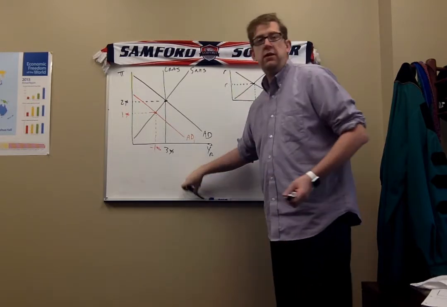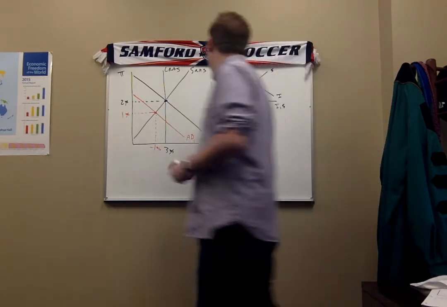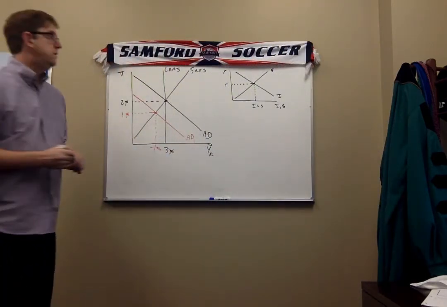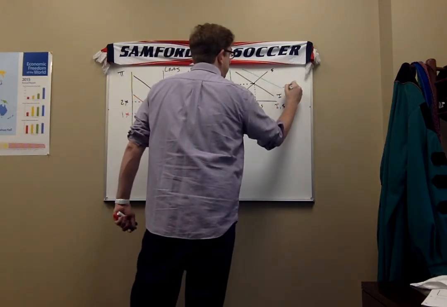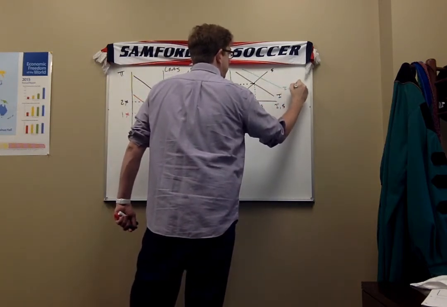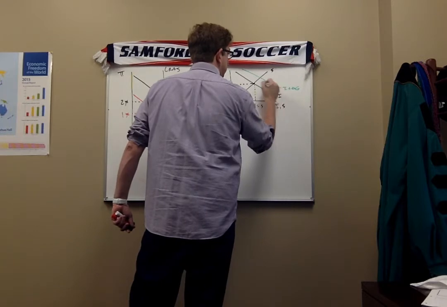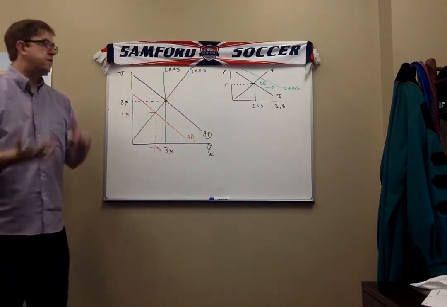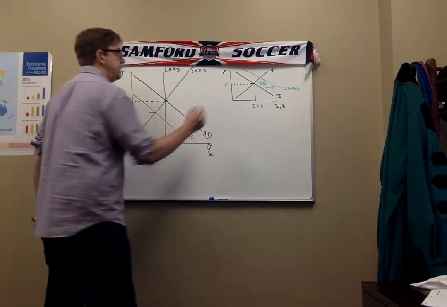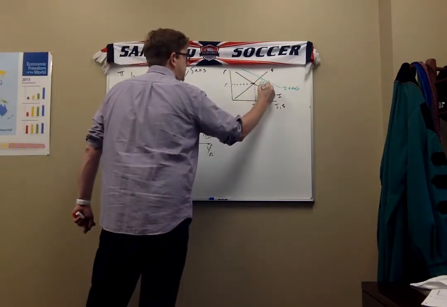The government steps in and they decide that they wish to borrow money. They're going to enter on the demand side of the market. So there's an increase in government spending or a cut in taxes, something that's going to have to be financed with an increase in the budget deficit.